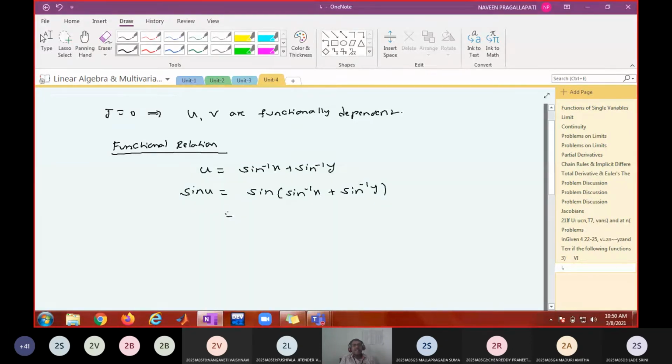Sine of a plus b is sine a cos b plus cos a sin b. So this is x, sine a, cos b, cos of sine inverse y, plus cos a sin b, cos of sine inverse x into y. Then how do you write down?